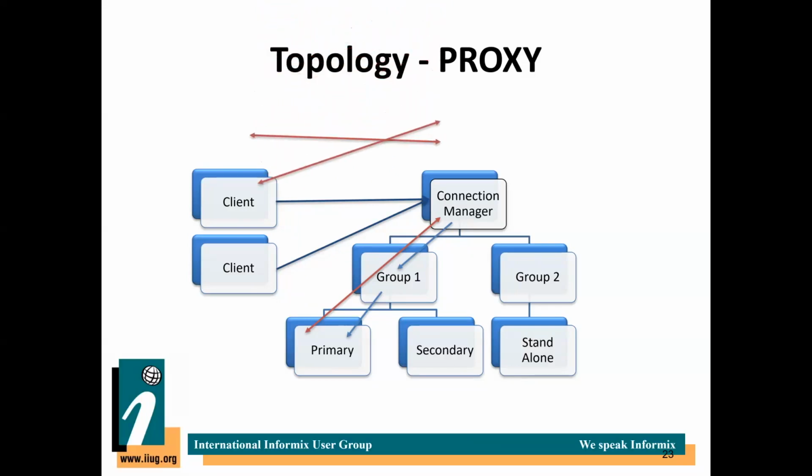Again, it's everything back and forth through the connection manager. Obviously, load-wise, you need to keep this in mind, depending on how much data is being transferred and how many requests. We might need to increase the resources on the connection manager server, or have more connection manager servers spread across more middleman servers to spread the load.